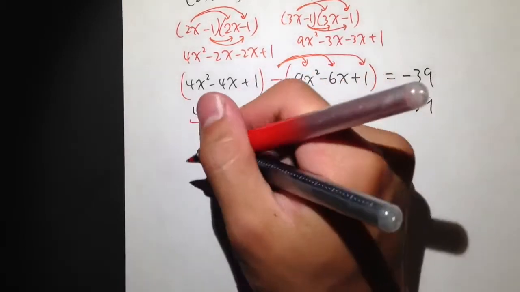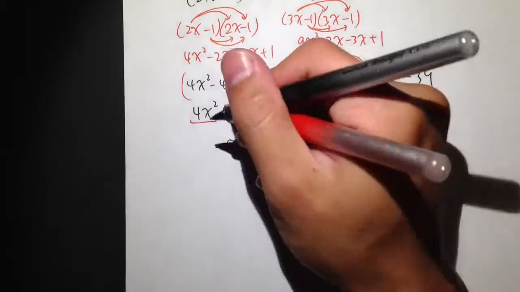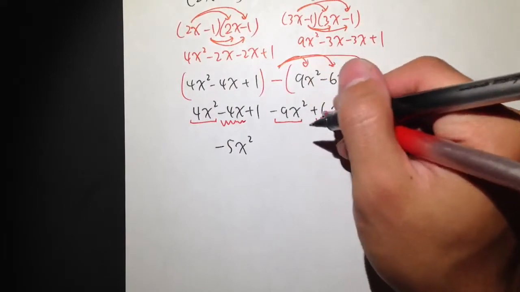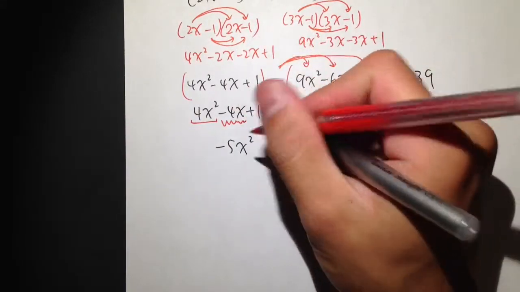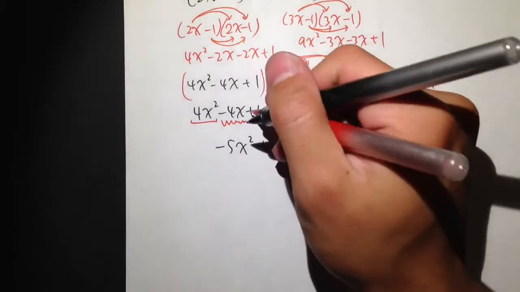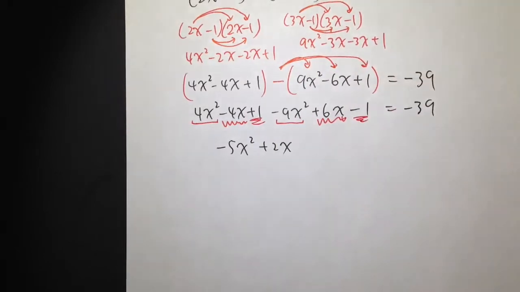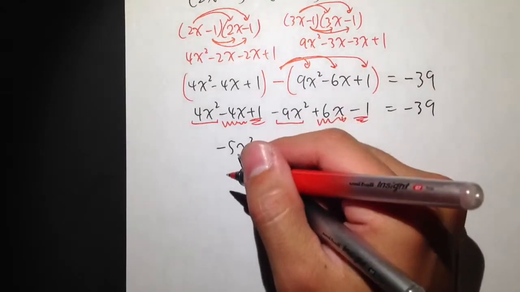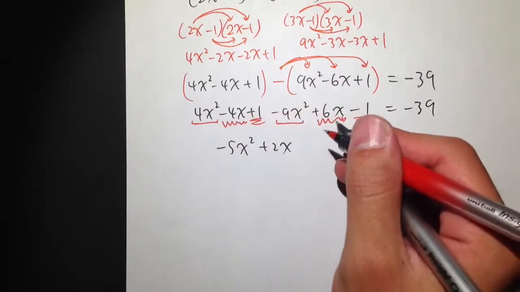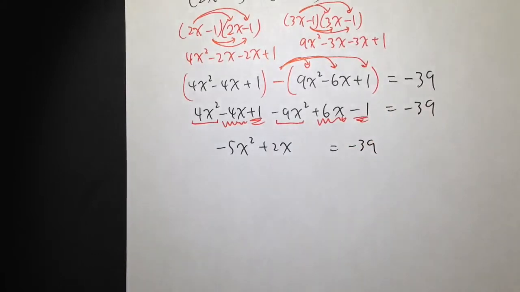I can combine them and I get negative 5x squared. Then negative 4x plus 6x, we get plus 2x. And plus 1 minus 1 is 0. So we have negative 5x squared plus 2x after we combine the like terms, and that's equal to negative 39.